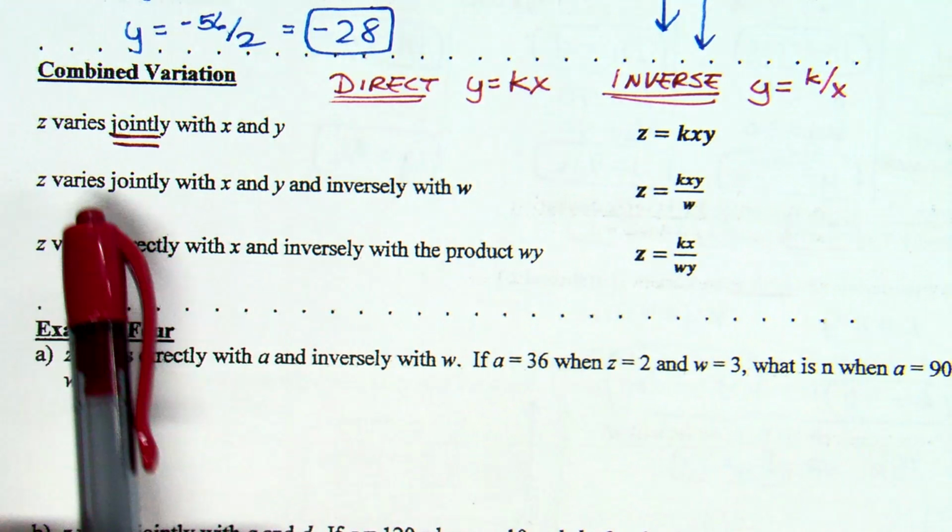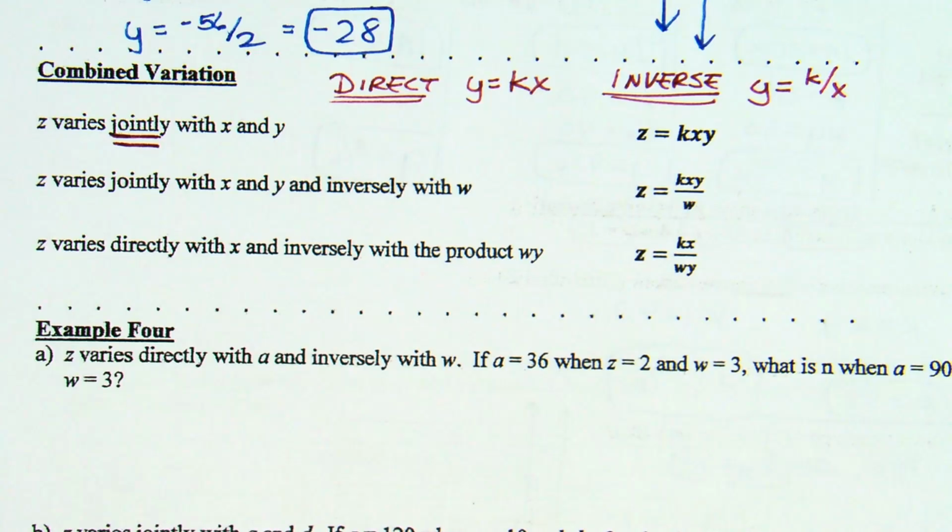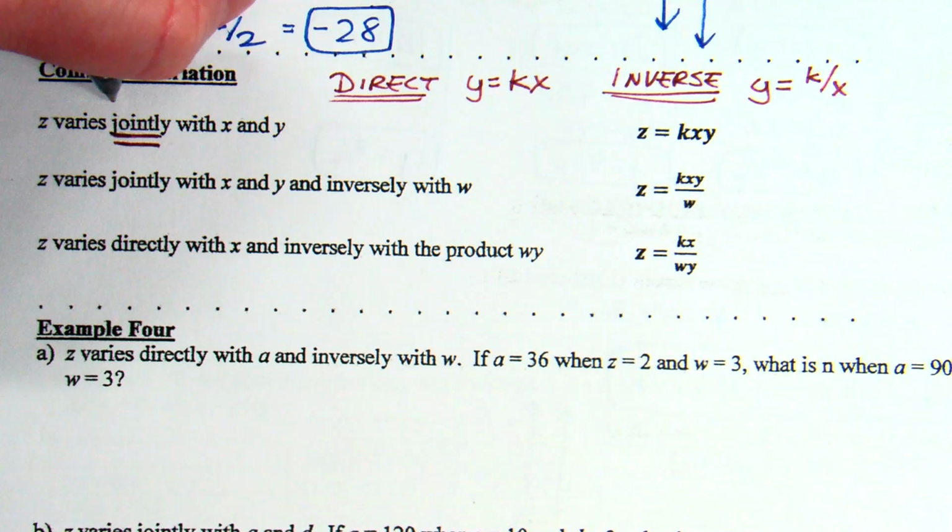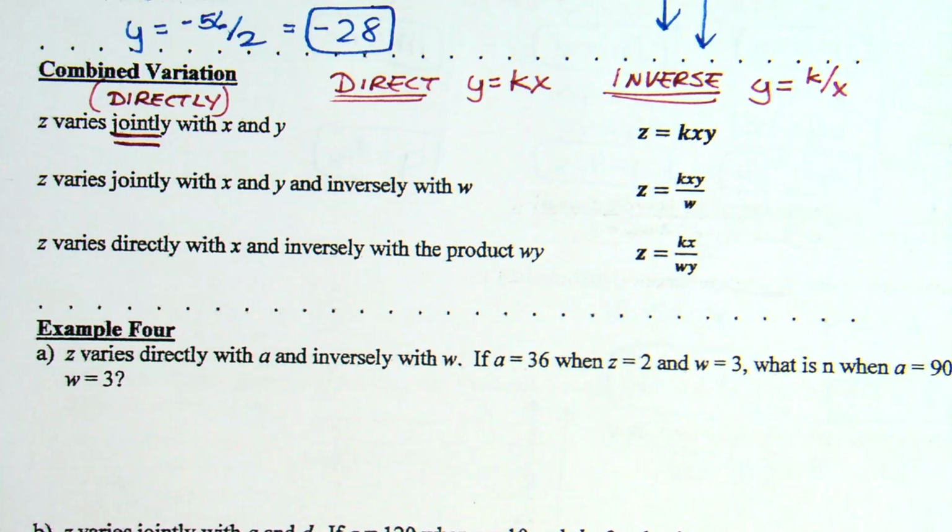Instead of just saying z varies directly with x and z varies directly with y, it's varying directly with both of them. So when you see that word jointly, you're going to want to basically think directly. Being that it's going to be k times whatever variables you're varying jointly with.